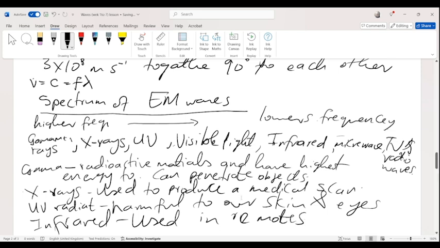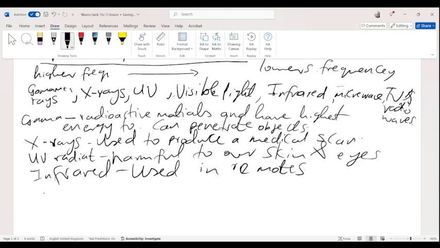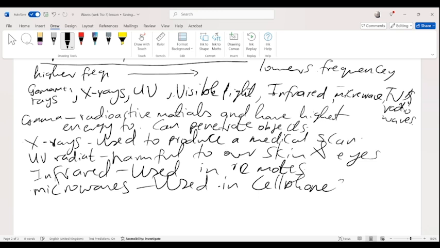So it's the red light that you see on the remote. So that's infrared. And we also have microwaves. They are used in cell phones.